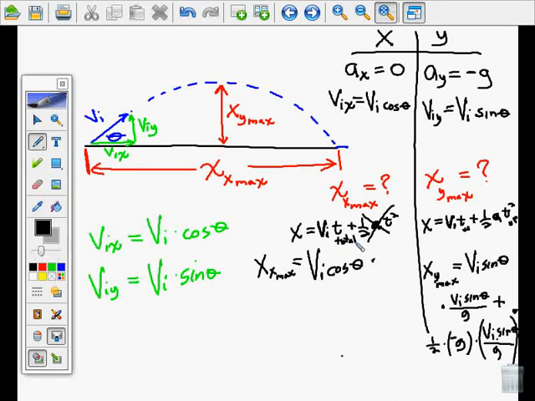So that's going to be 2 times the time up, so that's going to be times 2 times vi sine theta all over g.